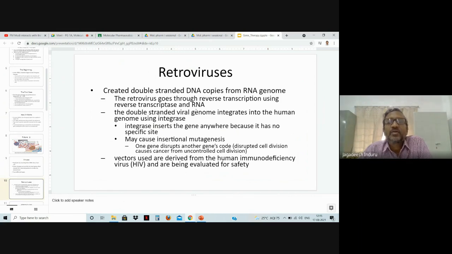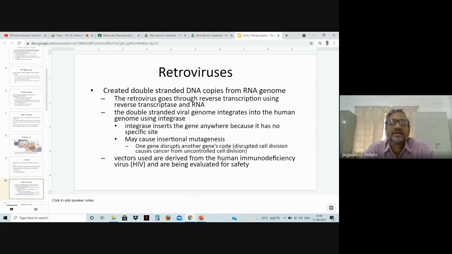The first one is the retrovirus. The retroviruses are highly virulent and can enter any cell. Most of the time, they will even infect a bacterial cell itself. These retroviruses create double-stranded DNA copies from the RNA genome.